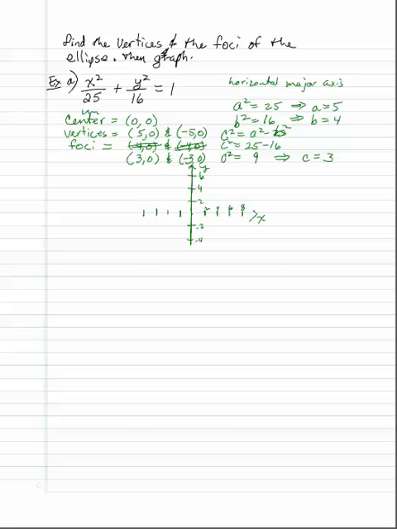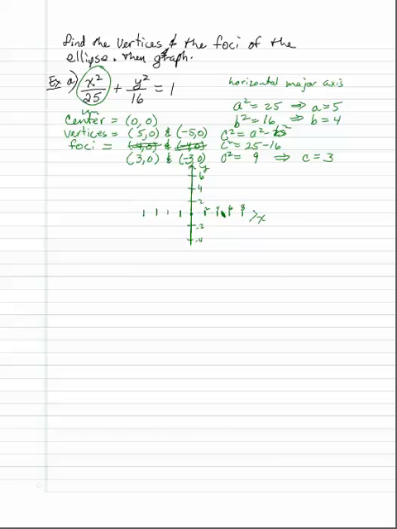Alright, so we got the center 0, 0. Now from the center, basically the way I do this is, well, I always figure out the center first, and then I look, okay, under the x, square root of 25 is 5. So in the x direction, I go 1, 2, 3, 4, 5, put a dot there.